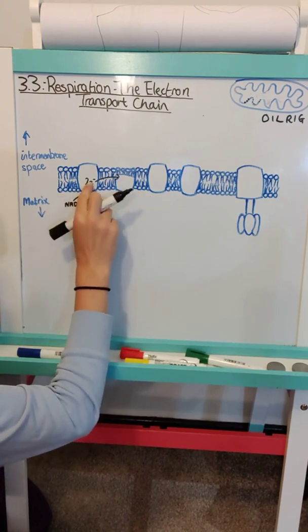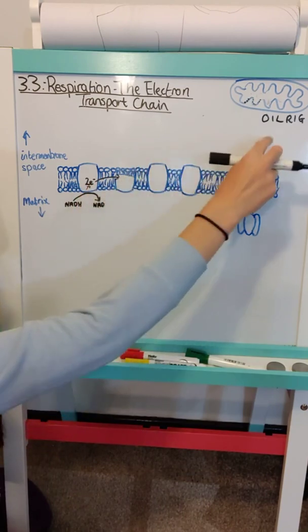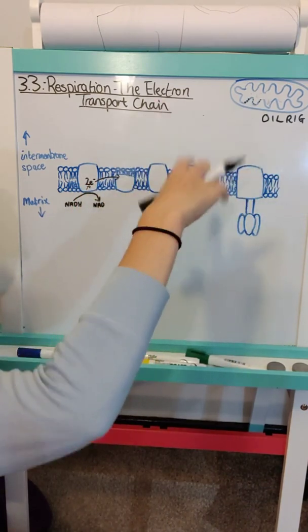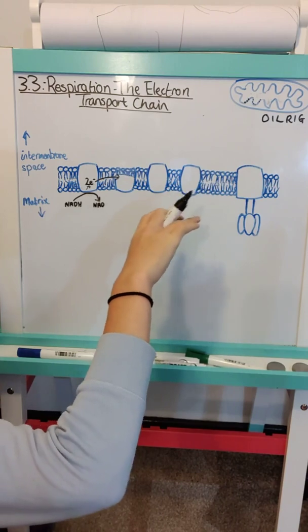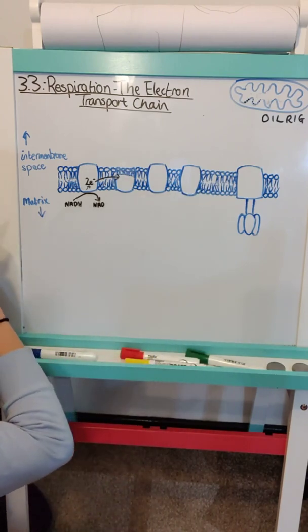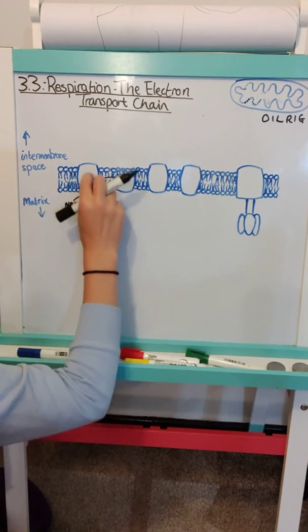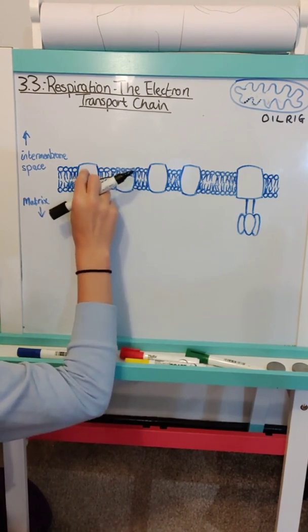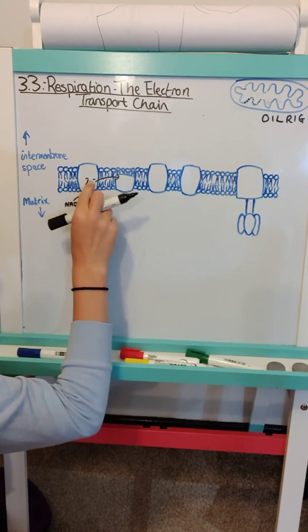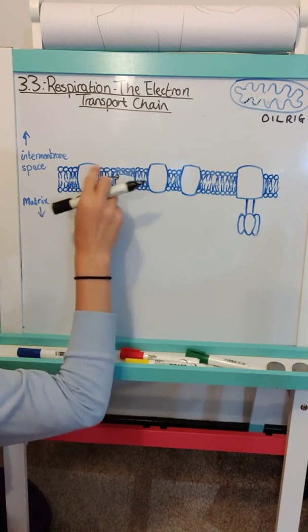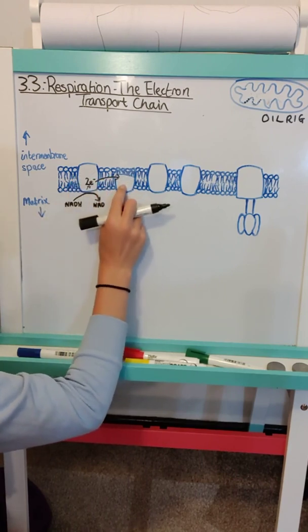So if those electrons move from here to here, and I keep going back to this, oxidation is loss, reduction is gain, is helpful to most of you if it doesn't come naturally, is that if those electrons are leaving this complex here, this one will now be oxidized, and this one is now being reduced.